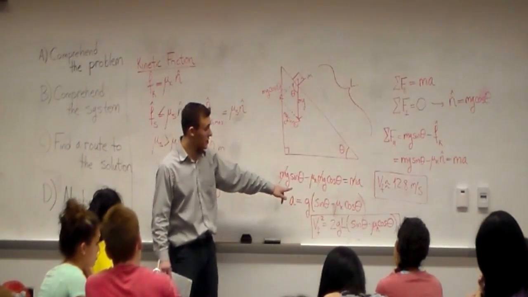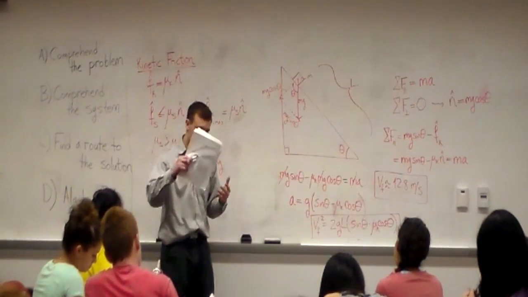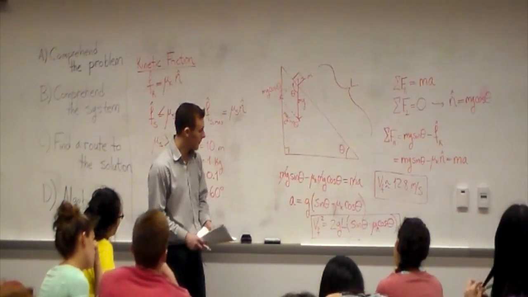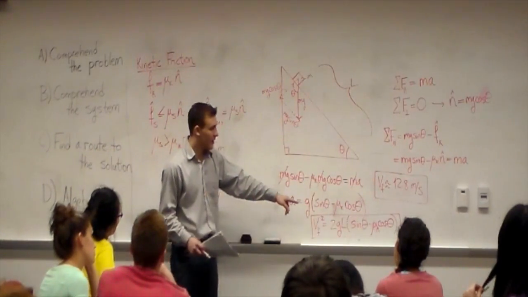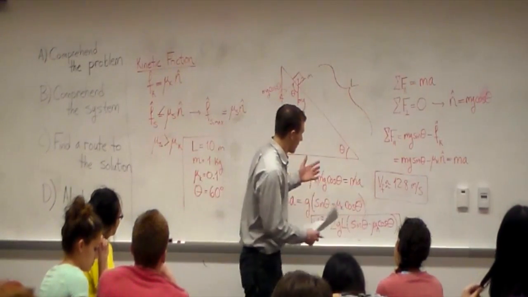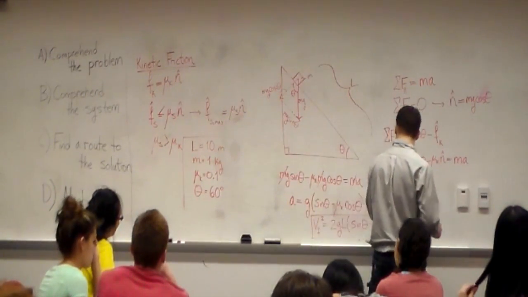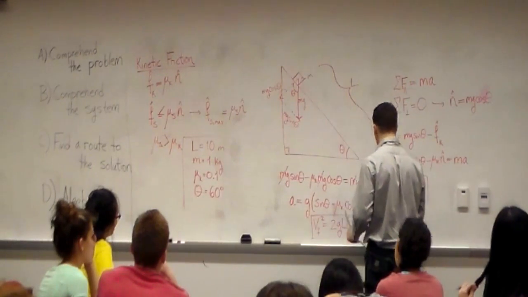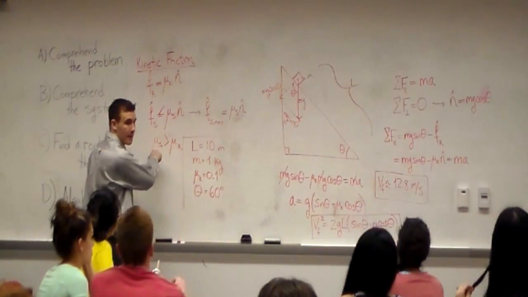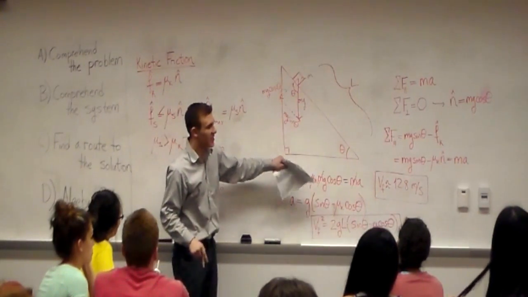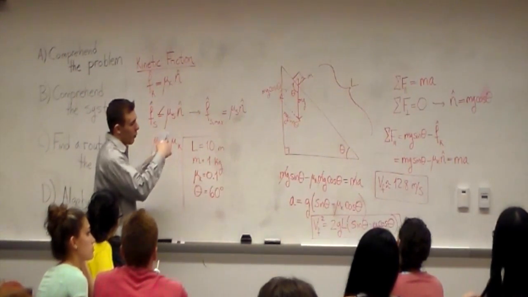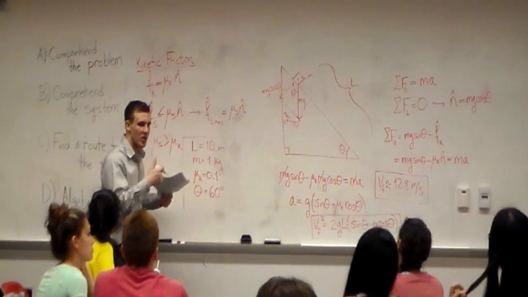I know I mentioned this to the guys in my section. If you've done this before, do it again. If you haven't done it before, demonstrate why this can never, ever be negative. The reason, and then I'll let you do that yourself, stems from the fact that mu k is always less than mu static, and it would not have started sliding. Basically what you try and find is, what are the conditions such that when I let it go, it starts to slide?